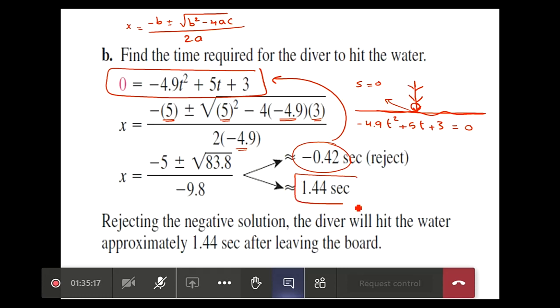This is the solution: 1.44 seconds, the diver reached or hit the water, but this one must be removed. Why remove the negative? Because this is what? This is time. Yeah. Time cannot be negative. Good. Excellent.